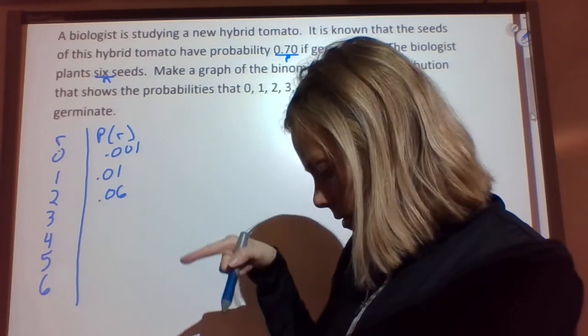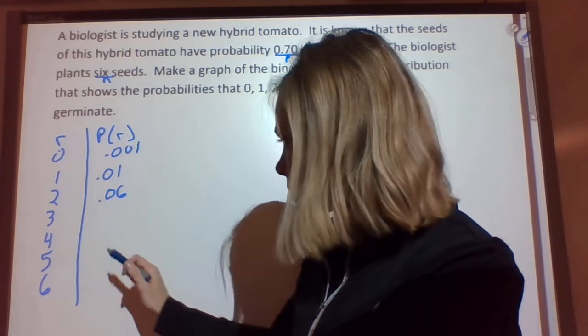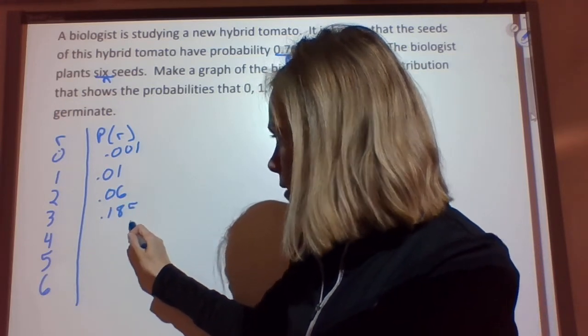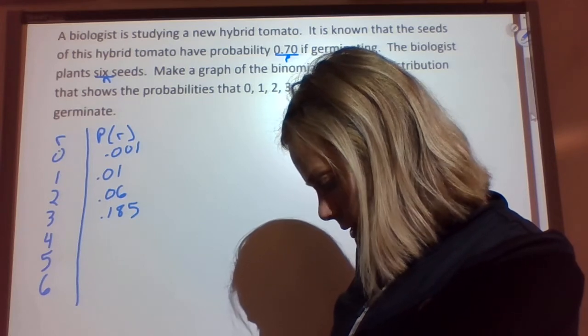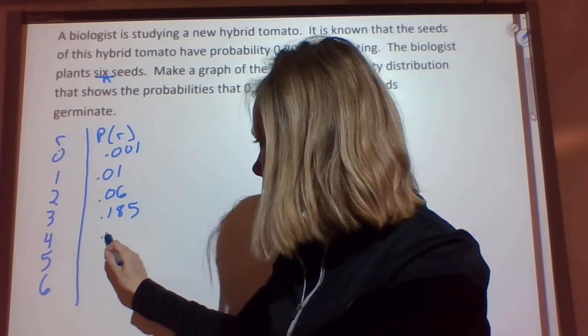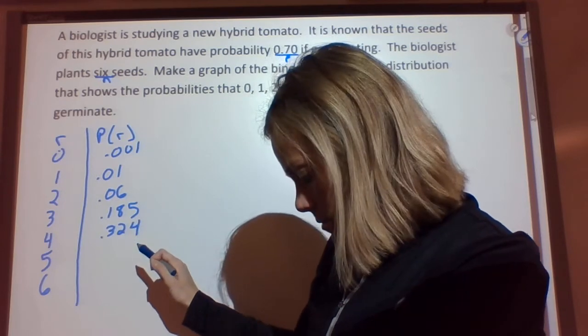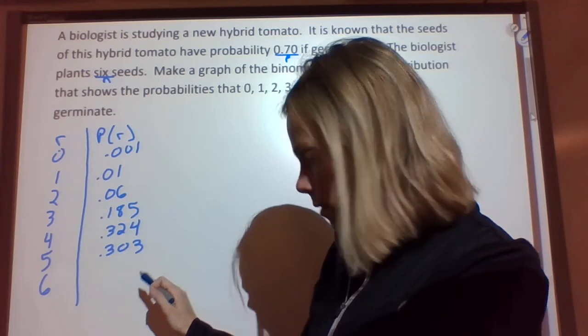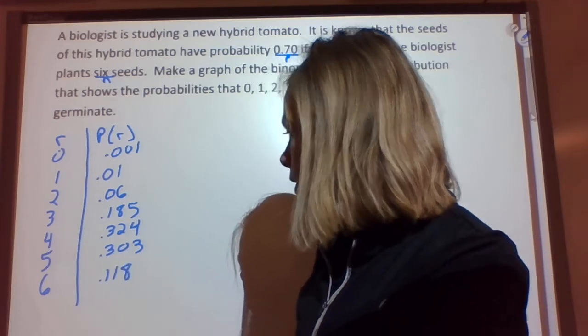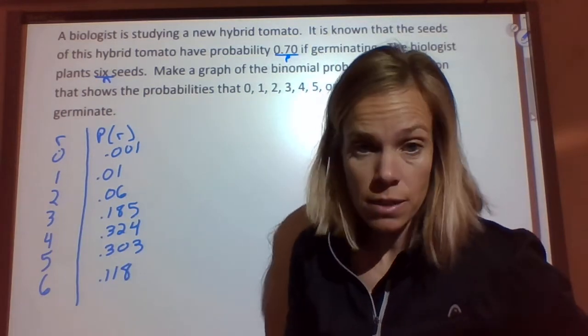I'm just going down the column. 0.185. 4 of the 6 at 70% is 0.324. 0.303, and 0.118. Okay, that is all the information I need for my table.